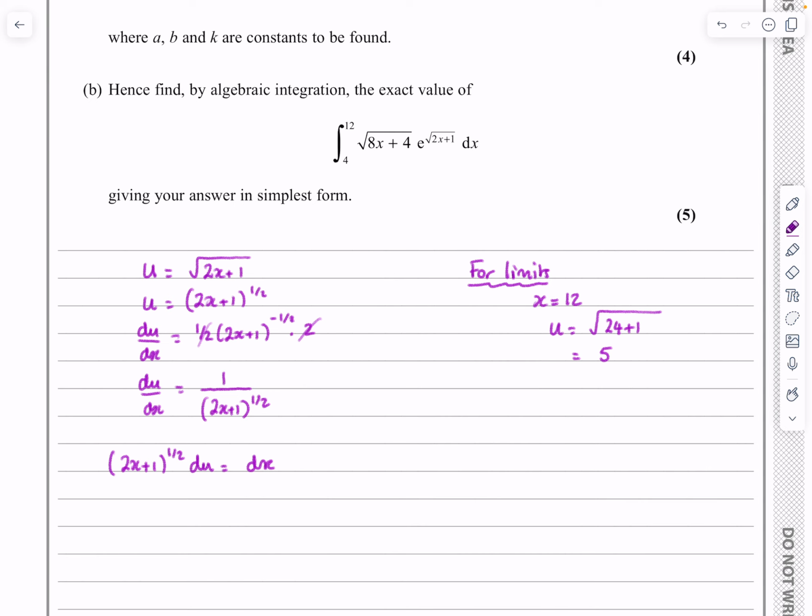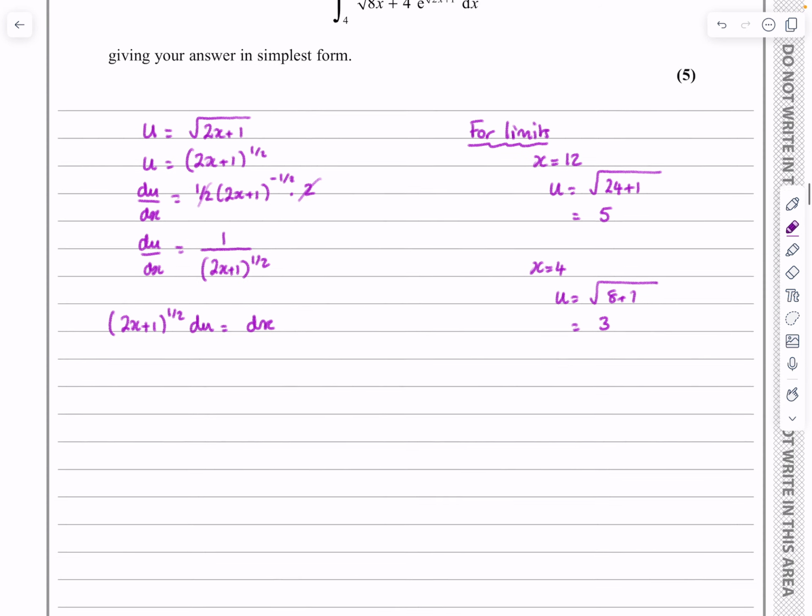I'd be panicking if it wasn't a nice simple value there. And the same for x equals 4. We're going to get u is equal to the square root of 8 plus 1, 9, so 3. So that gives me the limits are going to be 5 and 3.